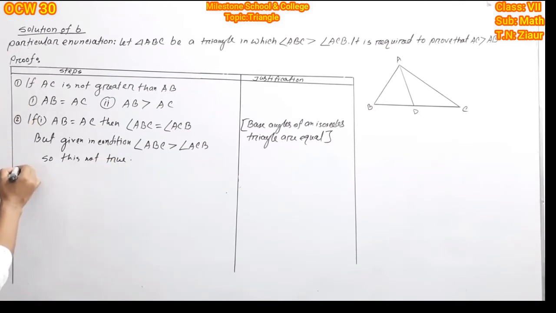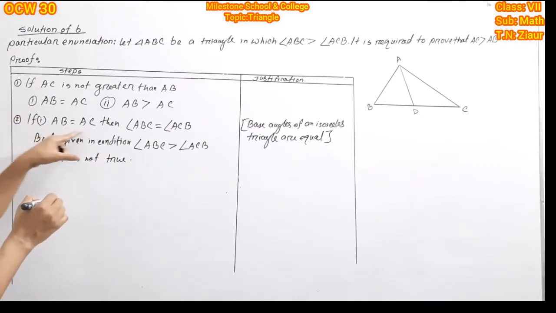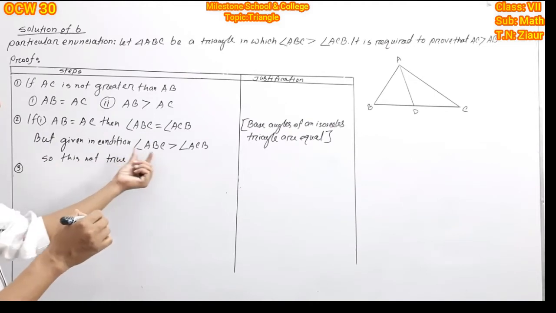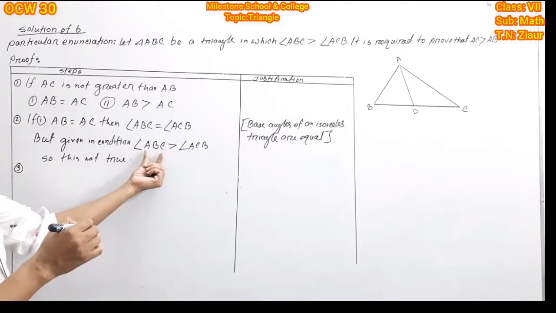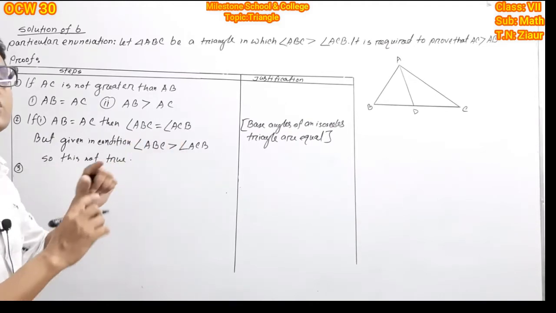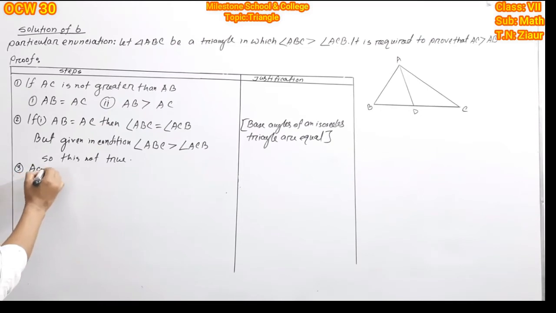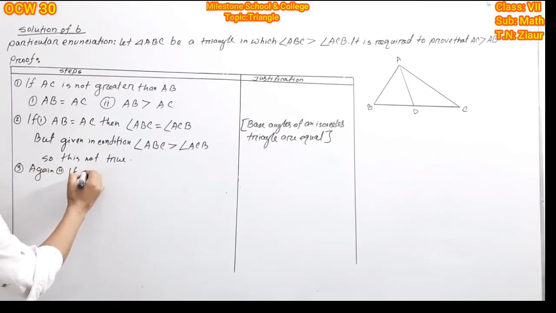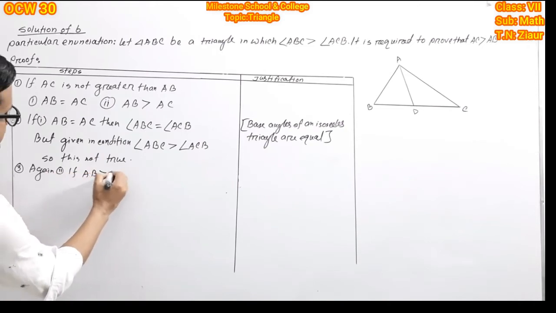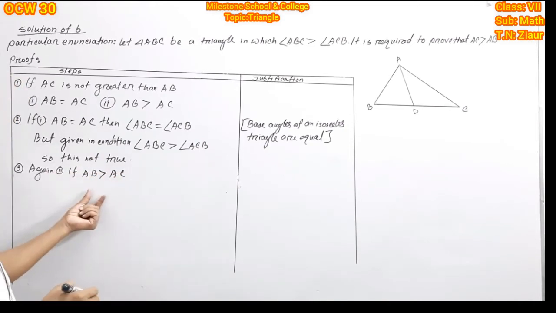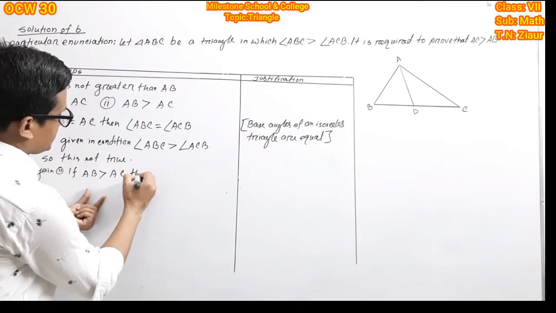So now number 3 we can write. One condition you have already told, that means angle ABC and angle ACB are not equal. Now in number 3, again, case 2: if AB is greater than AC, then what will be, students?